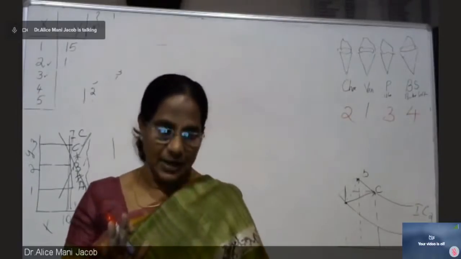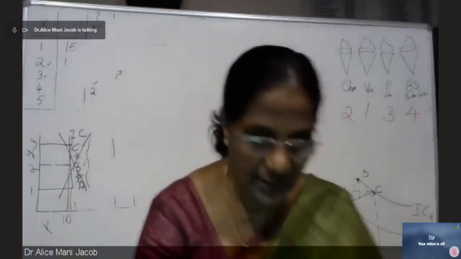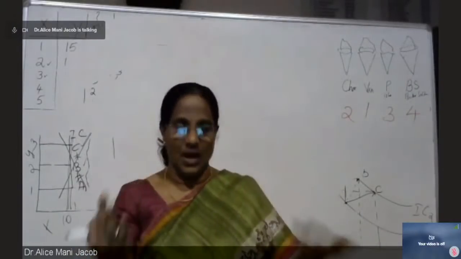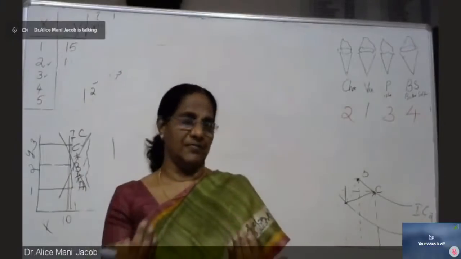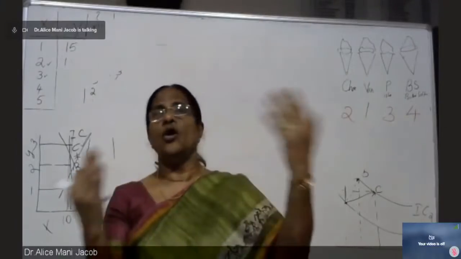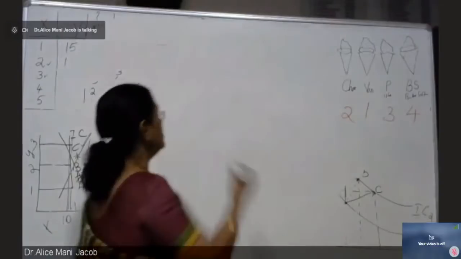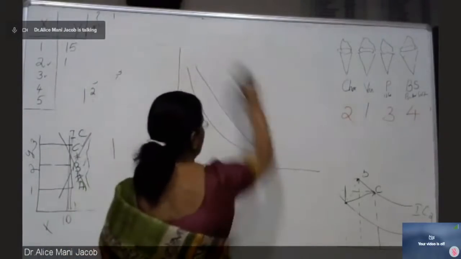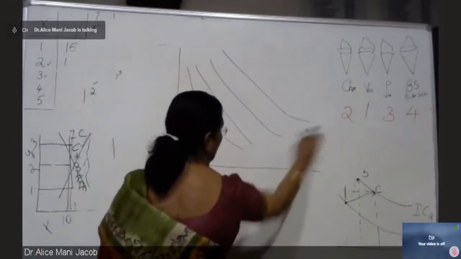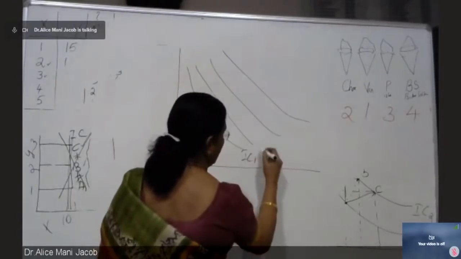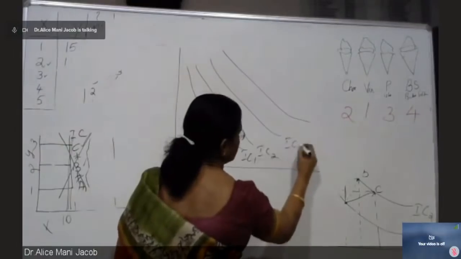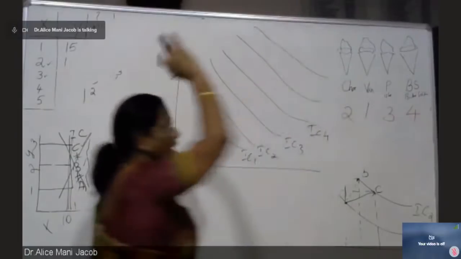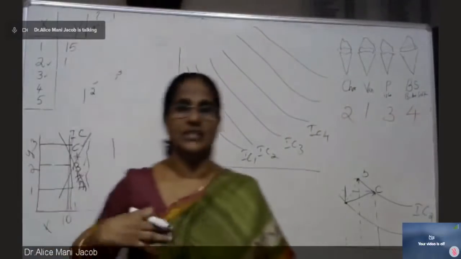But the consumer's entire preferences, all tastes and preferences of the consumer, can be expressed in the form of an indifference map. I see 1, 2, 3, 4. Like that I can draw any number of indifference curves.